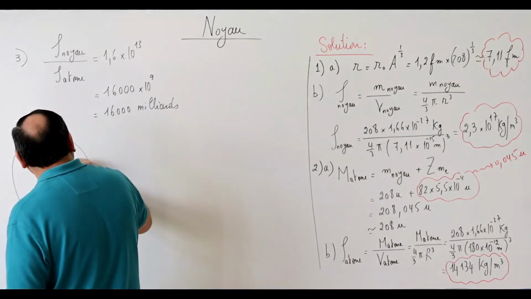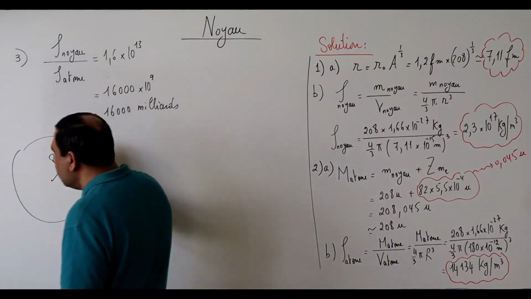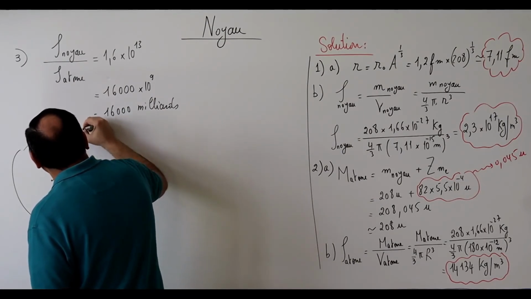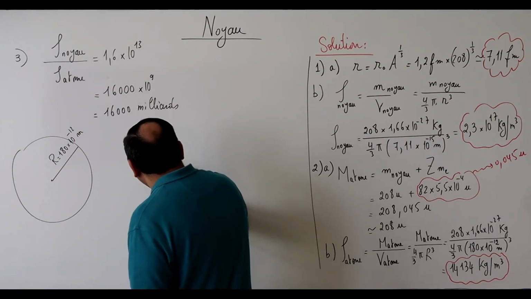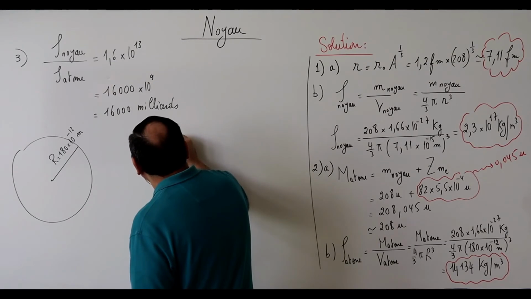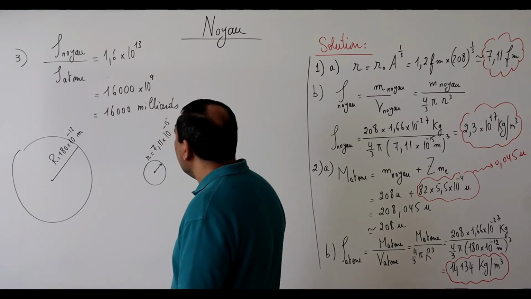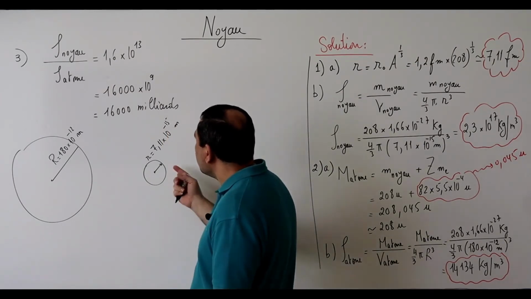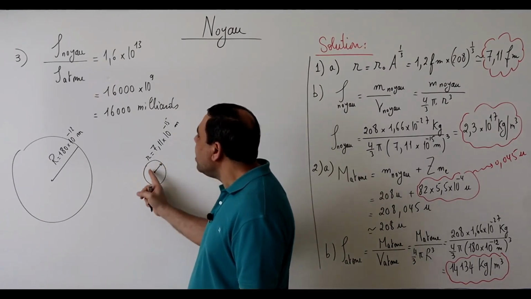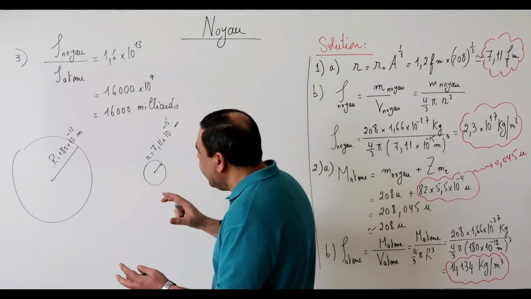This atom has a radius of 180 picometer, or 180 times 10 exponent minus 12 meters. The radius of its nucleus is R equals 7.11 Fermi, or times 10 exponent minus 15 meters. We notice that this radius is 1,000 times less than this radius, or several thousand times.